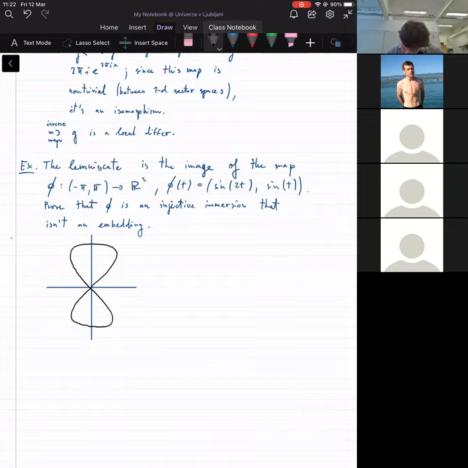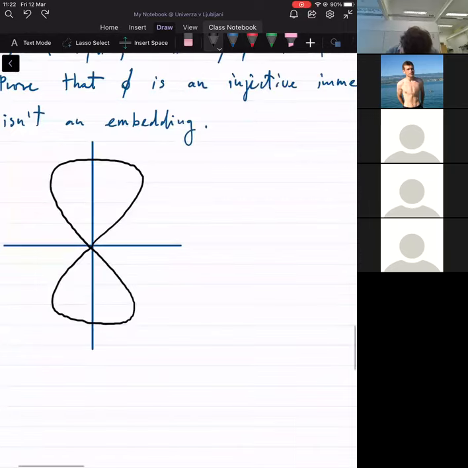What happens here is that we have arrows, but this point here, the 0 point, isn't excluded, because at t equals 0 we are mapping everything to 0.